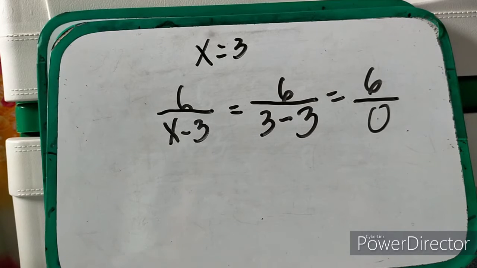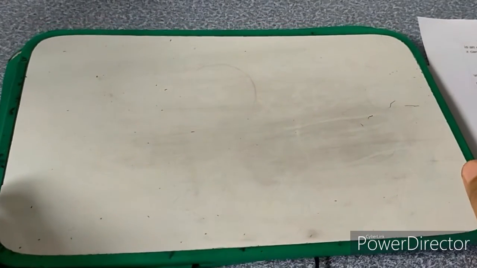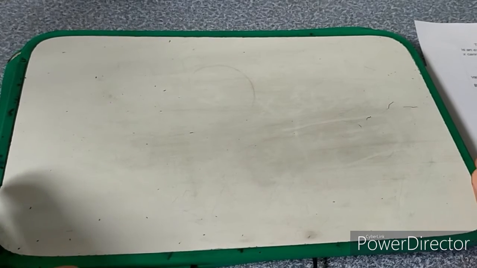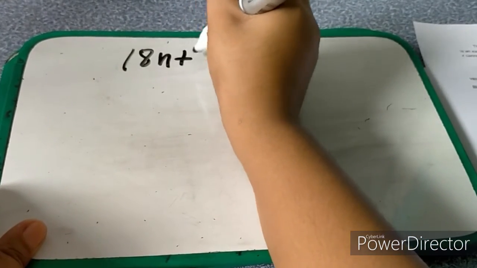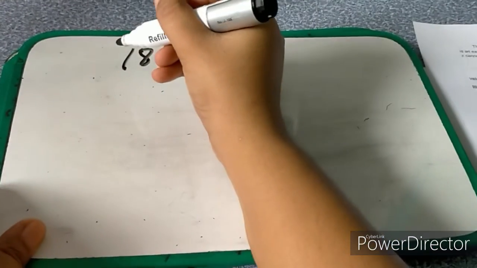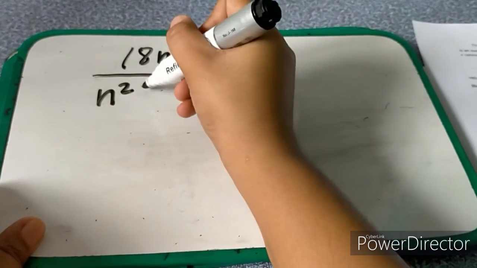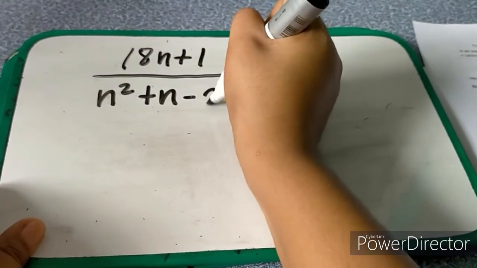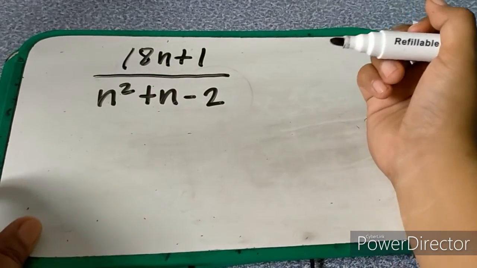Let's have another example. Identify the values or value of n that will make the rational algebraic expression 18n plus 1 all over n squared plus n minus 2 undefined.